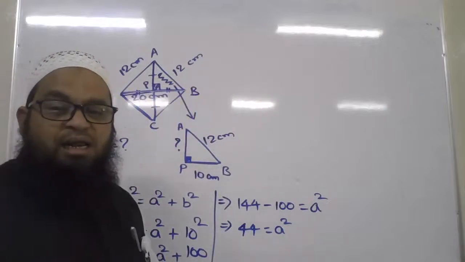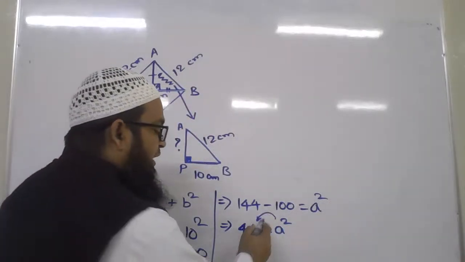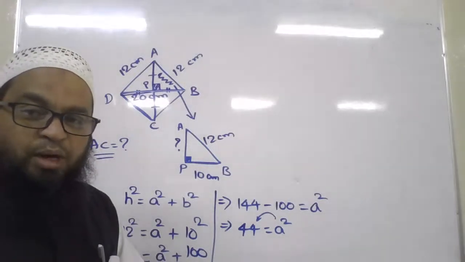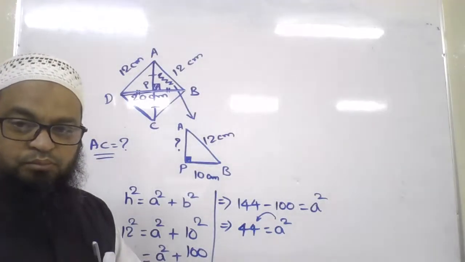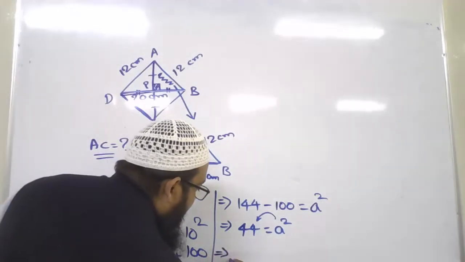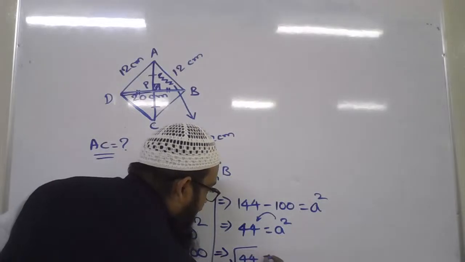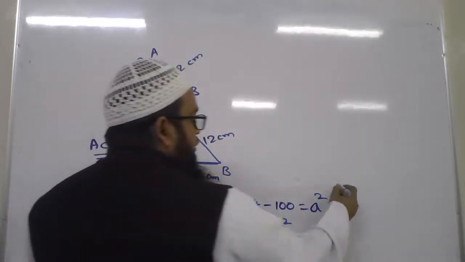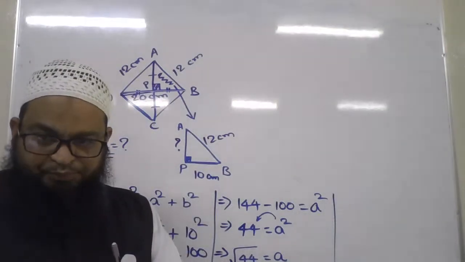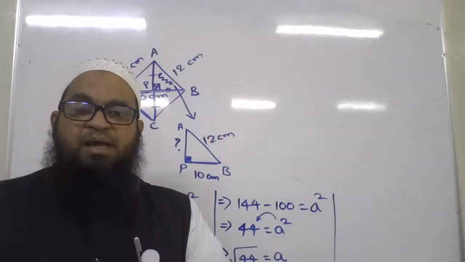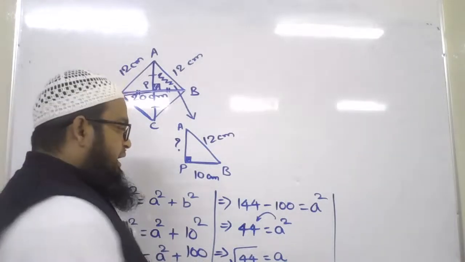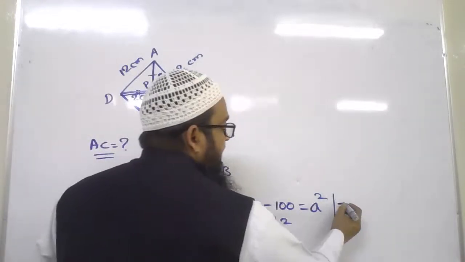Now, what happens if I transpose the square? It becomes root. So root 44 is equal to a. Can anybody simplify root 44? I'll explain.